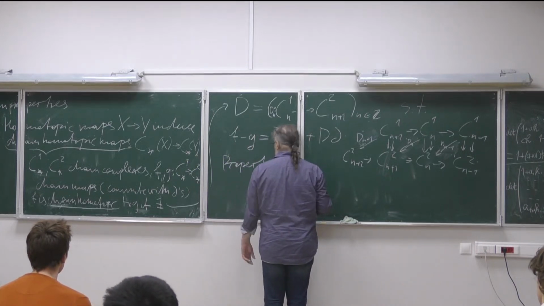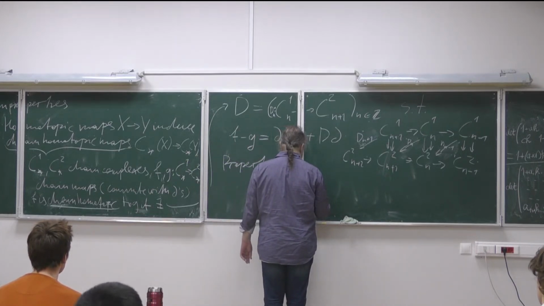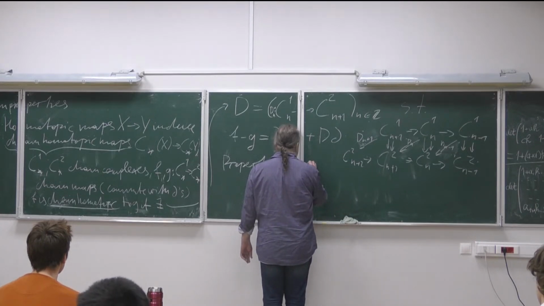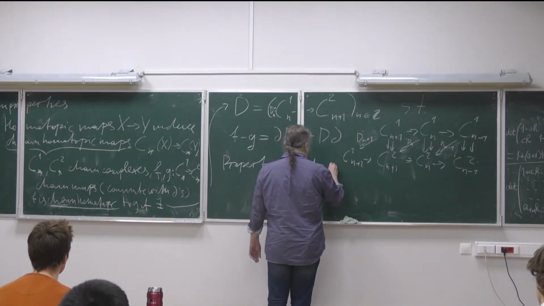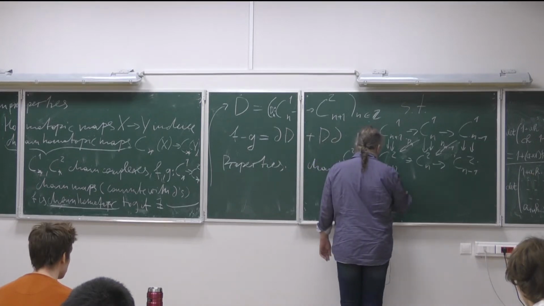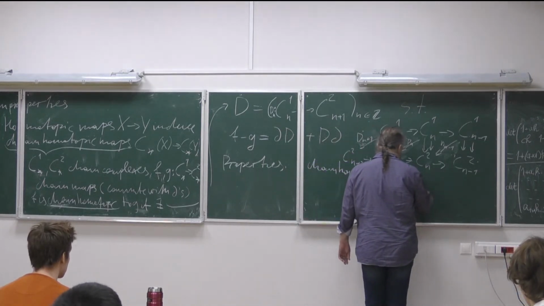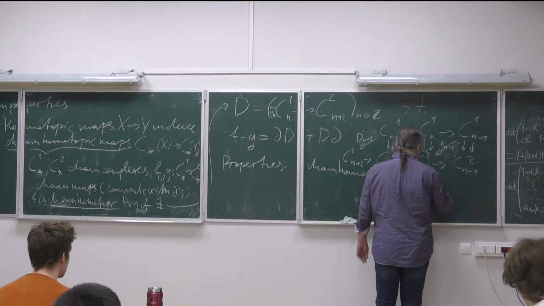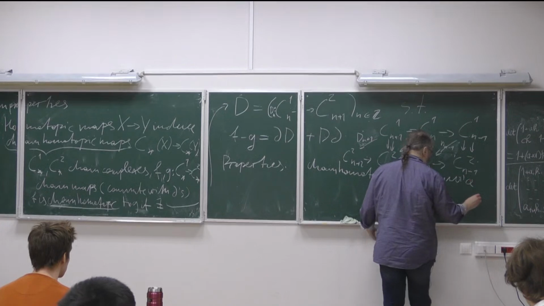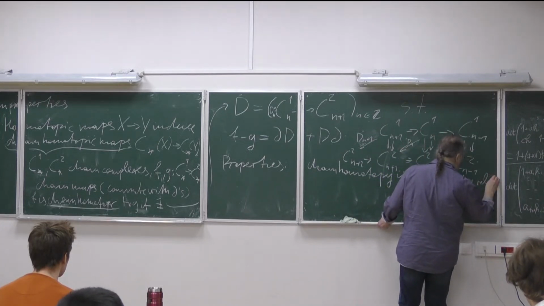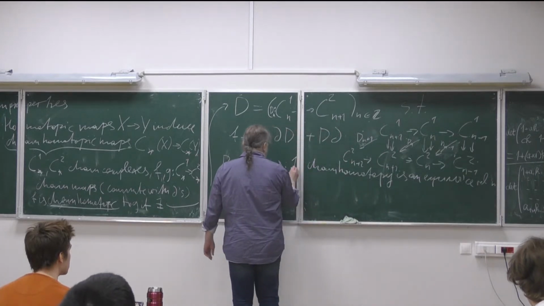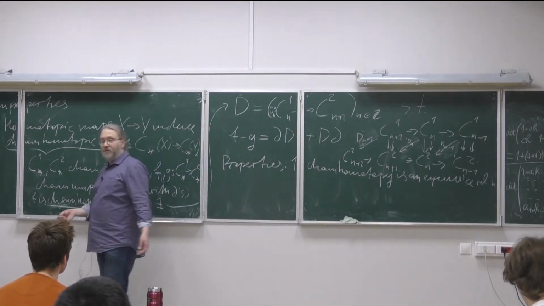Well, what are the properties? One property is that chain homotopy is an equivalence relation.